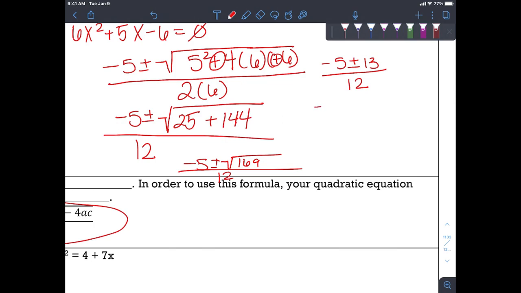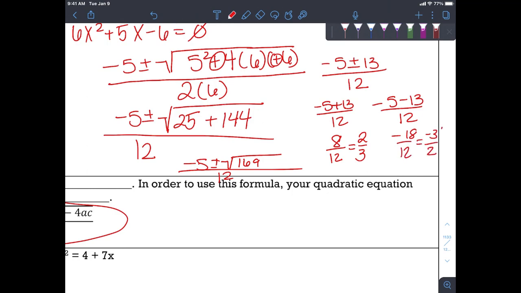So negative 5 plus 13 over 12, negative 5 minus 13 over 12. And I end up with my two answers.